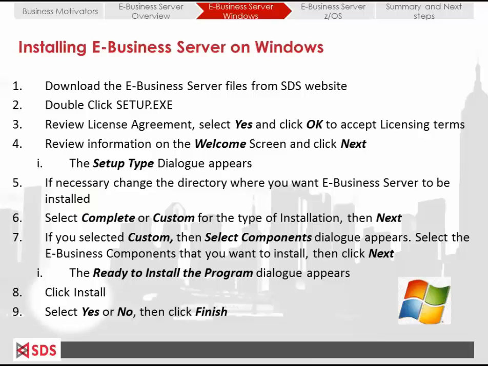If you select custom, then select the appropriate components that you want to be installed with eBusiness Server on Windows, and then the ready to install program dialog will appear, and hit the yes button. It'll then go about installing the product for you on the Windows platform, and once complete, hit the finish button.